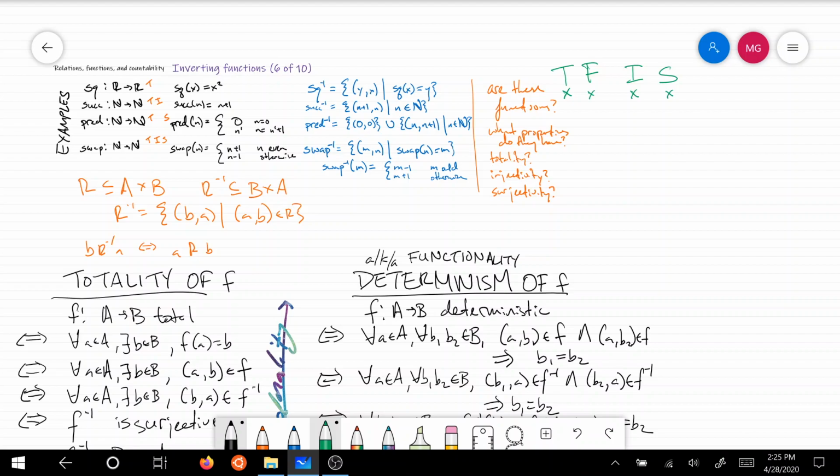Okay, successor. This is a total function originally. Its inverse is not total. It's a partial function, but it is a function. Okay, it was injective. Is it still going to be injective?